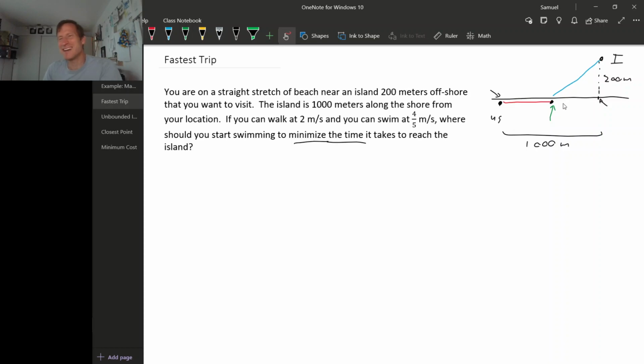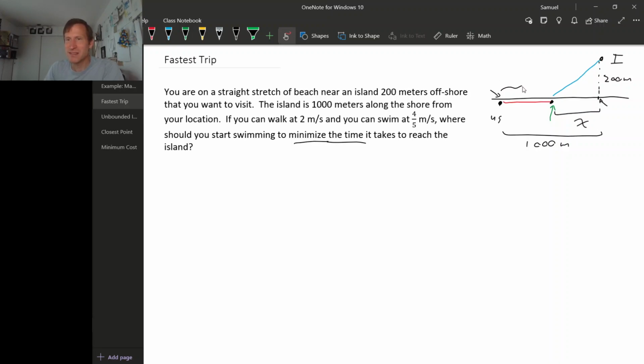I can tell that at some point I'm going to need to know this blue distance, so I'm going to have to use the distance formula, and that's going to involve a square root. And it would be nicest if the stuff inside the square root were as simple as possible. So it would be nice to call this distance our independent variable, instead of the red distance. So I'm going to call this distance x.